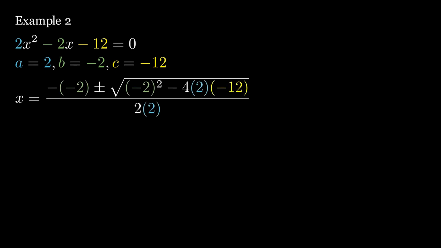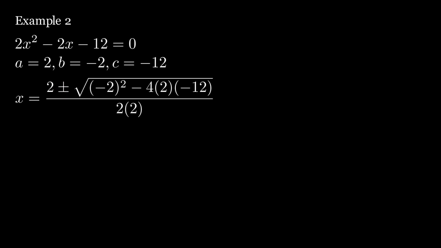First of all, we're going to deal with negative B. Negative times negative 2 is positive 2. Inside the square root, minus 2 squared is positive 4. 4 times 2 is 8. Minus 8 times minus 12.